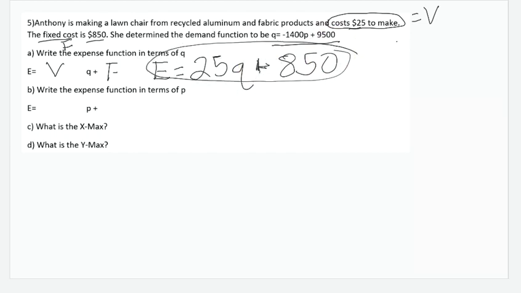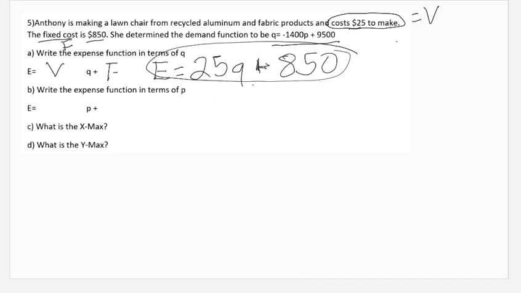Okay, it says write the expense function in terms of P. So that one we have to substitute in. So that's like what we did before. So we're going to have to substitute it in. It's going to be 25. I'm going to run out of room. Redo this.